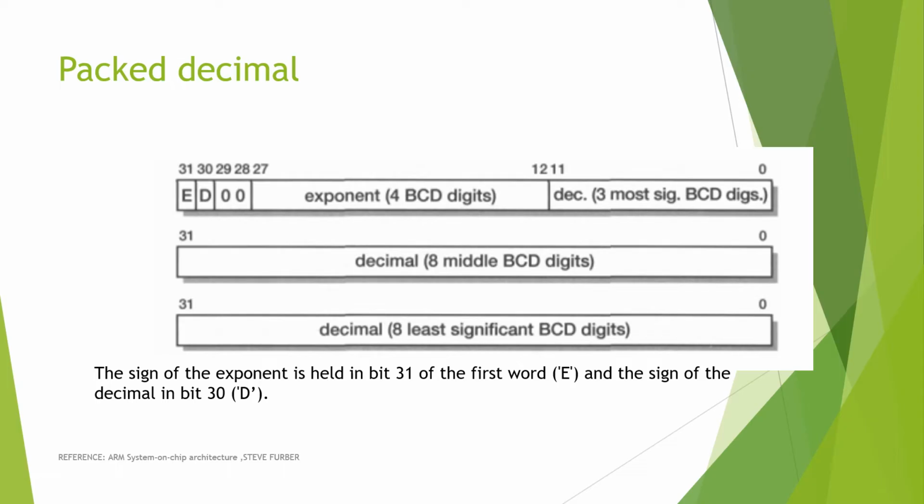And the sign of the decimal part is given by D. The rest are the BCD digits 0 to 31, least significant part, middle part, and the most significant part. And then you have the exponent, and the part that shows its sign. So that is how we represent the packed decimal format.